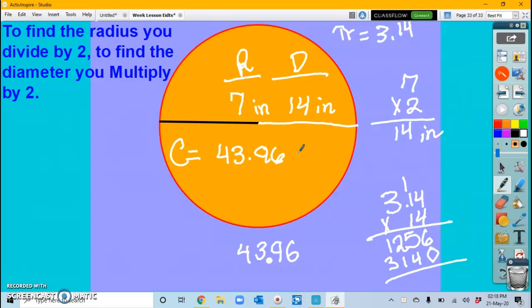So if you have any questions, please ask your teacher. I'm now moving on from the lesson. This has been a simple one, and I'm gonna check out what else we have to know about circumference so I can teach it to you all.